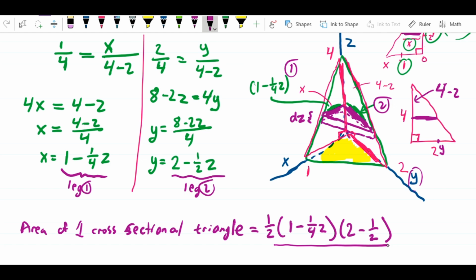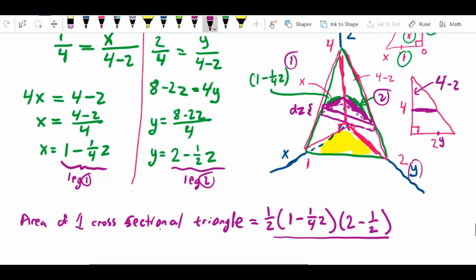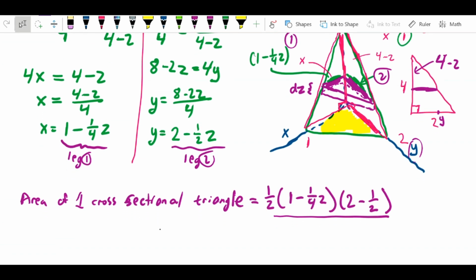So we know that if that's the area, then I can convert this into a volume of one cross-sectional triangular slab by simply putting a dz after it, thereby multiplying the area of the triangle by its thickness.